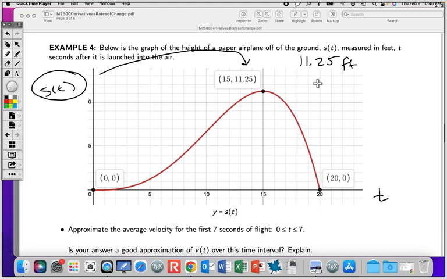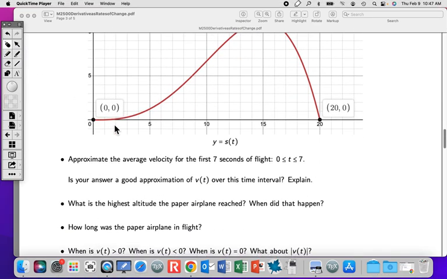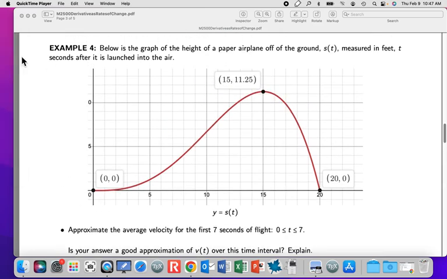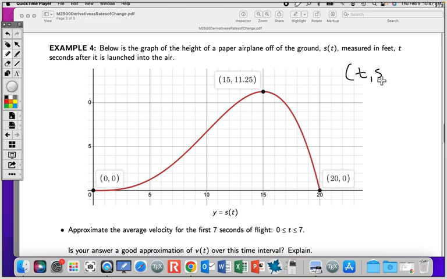When t was 15, so 15 seconds after the paper airplane has left the ground. How long was the paper airplane in flight? The coordinates here are time comma height. The thing starts from the ground, rises up to 11.25 feet, and then comes right back down to the ground. How long does that take? 20 seconds.